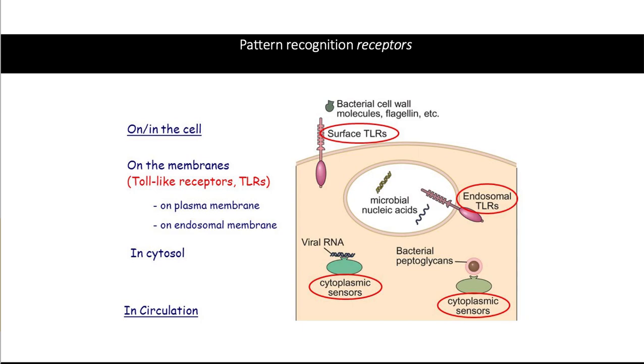Recognition of microbes by these receptors stimulates the production and expression of a number of secreted and membrane proteins. These proteins include cytokines that induce inflammation, antiviral cytokines, interferons, and cytokines and membrane proteins that promote lymphocyte activation and even more potent immune responses.